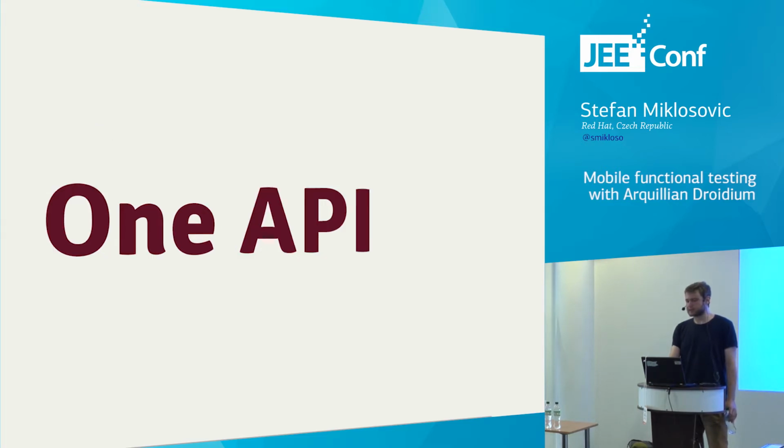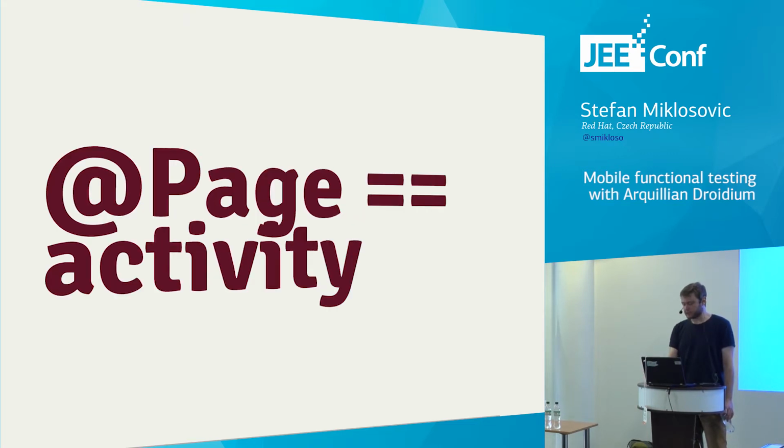So there is absolutely no difference between testing web applications and testing native Android applications. You are using the same API, the same waiting API, the same pages, and so on. The really nice abstraction is that, as you have seen with page objects, which encapsulate some page like the Google front page, I took a similar approach, and our page objects are the activities you are starting.